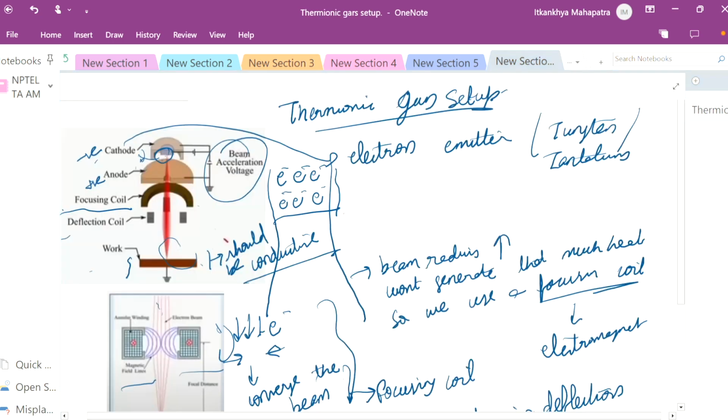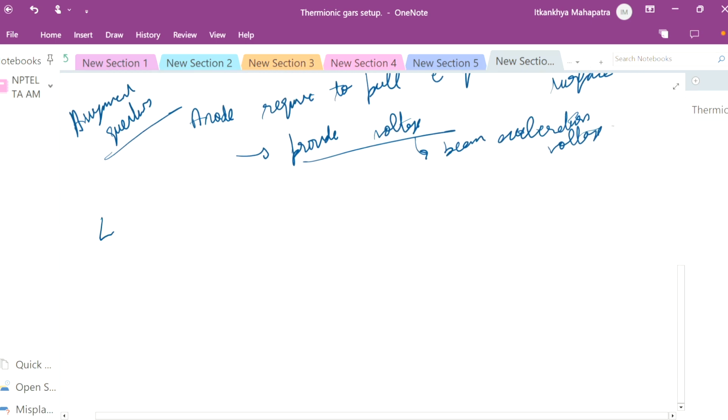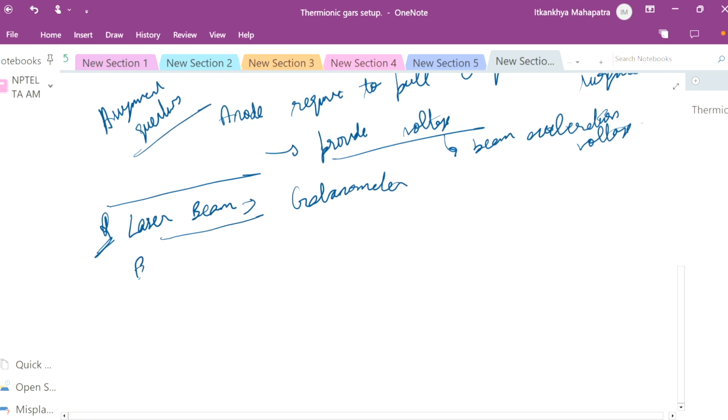Here is the numerical question. I'll come to that. One more thing I'll discuss here. In a laser beam, one more question was there. In laser beam, we have a galvanometer. In the electron beam method, we use an electromagnetic coil.